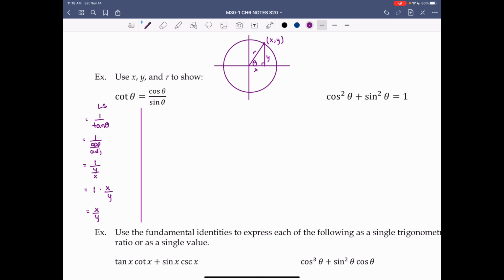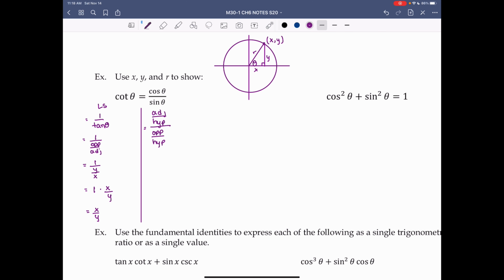On the right side, we have cos theta over sine theta. Cos theta is adjacent over hypotenuse, and sine theta is opposite over hypotenuse, so we get adjacent over hypotenuse divided by opposite over hypotenuse.